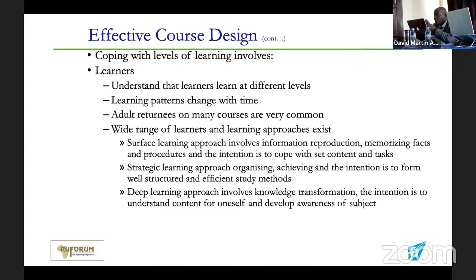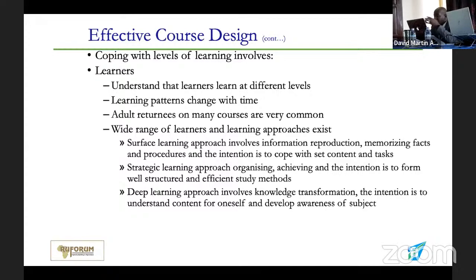So by the time you come back to interface with them, they are already different. Their patterns have changed. They don't have the same levels of learning that you saw with them at the beginning of the class. So you need to be able to understand and change as you move along with your learners virtually.